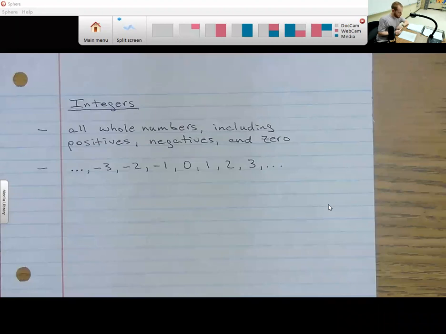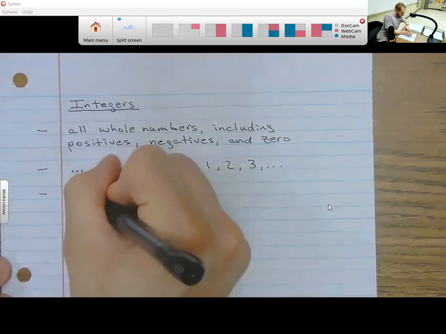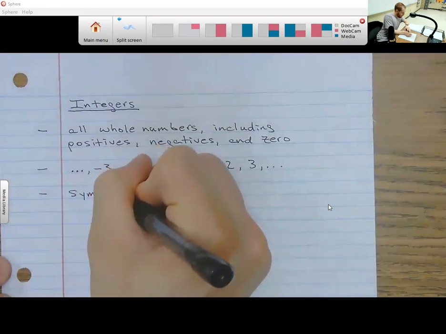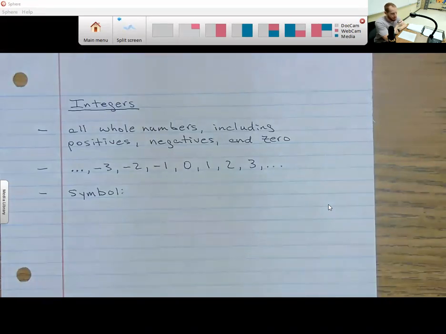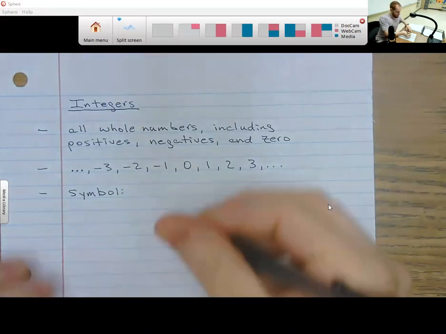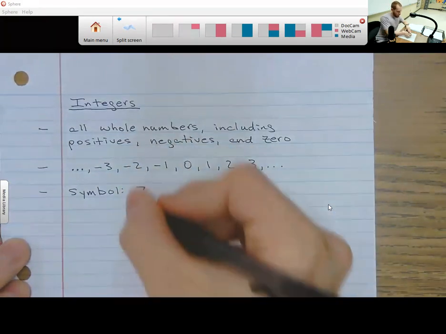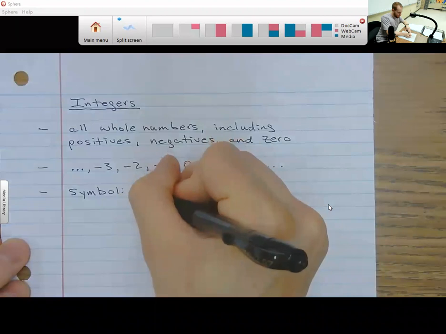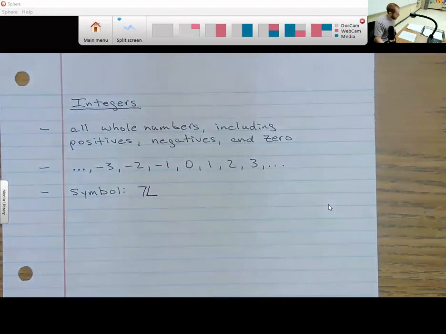So the symbol for this is going to be a capital Z, actually. And that sounds strange, but let me show you how I write it. So the symbol for the integers is going to be, you write a 7 like this, and then you write a backwards 7 or an upside down 7. And that's going to make it a capital Z. Okay?